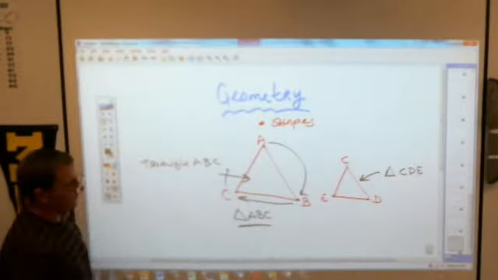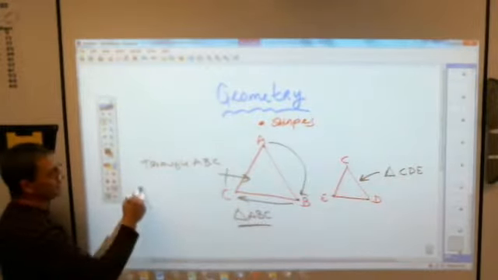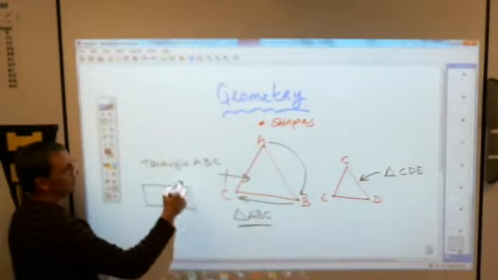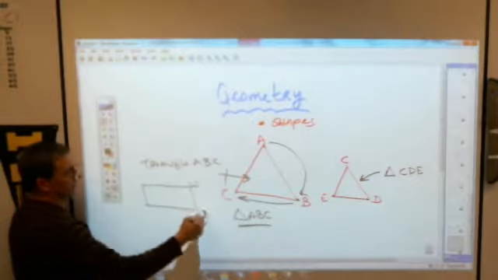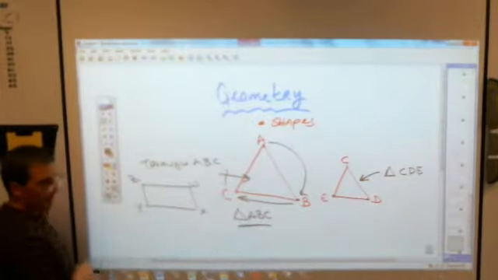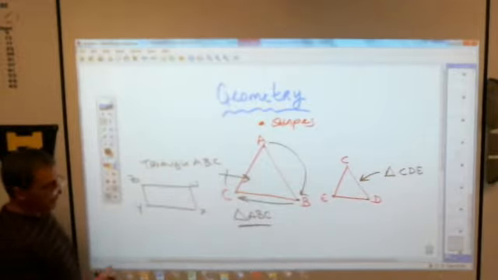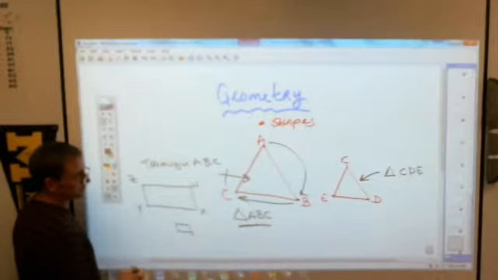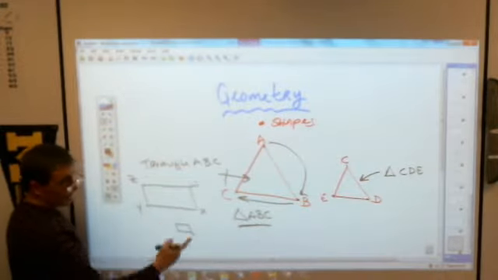order. But if you were talking about a rectangle, let's say I had this rectangle that looked like this, and I call this rectangle W, X, Y, Z. Okay, if I were telling somebody I was talking about this rectangle, I draw my little rectangle, and it wouldn't matter what letter I start with.